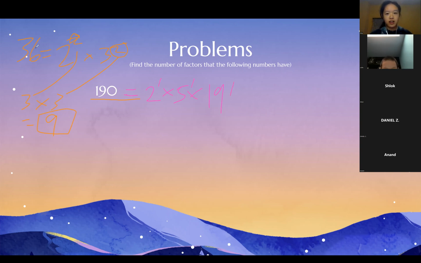Now we take these exponents, 1, 1, and 1, and we add 1 to each of those exponents. So now we get 2, 2, and 2 for the exponents. And finally, we multiply all those together. So that gets 2 cubed, which is 8. Easy peasy.